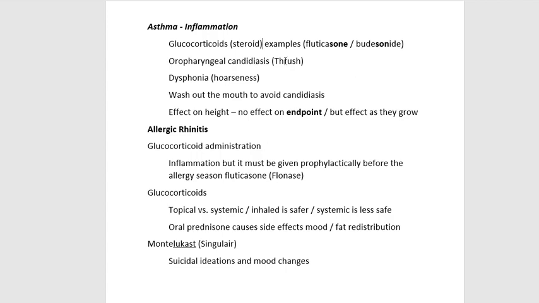Fancy way of saying thrush is oropharyngeal candidiasis. So in the mouth and the pharynx, we see this thrush, because if you think of the suppression of the immune system that the steroid does, and then that we have a local suppression of the immune system, then you see something like candidiasis, which is that thrush that is an opportunistic fungal infection.